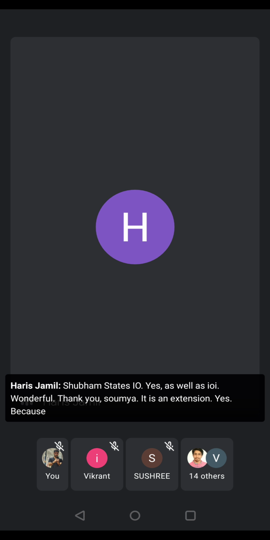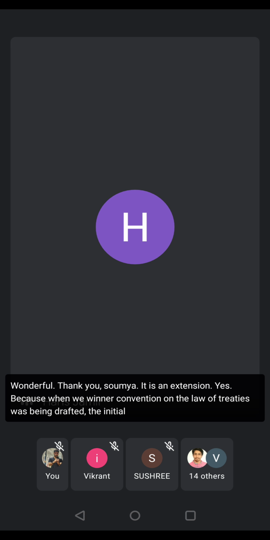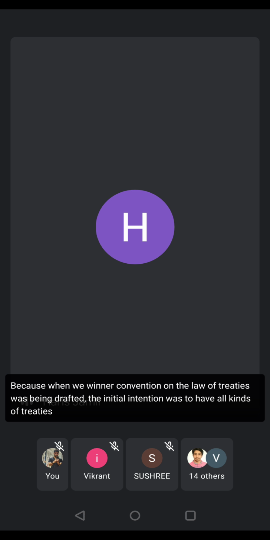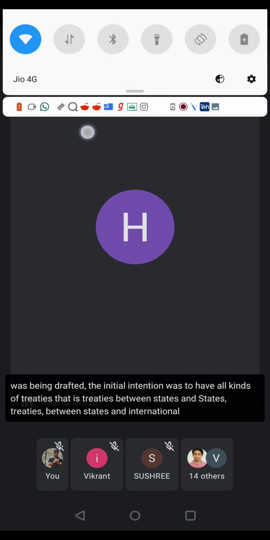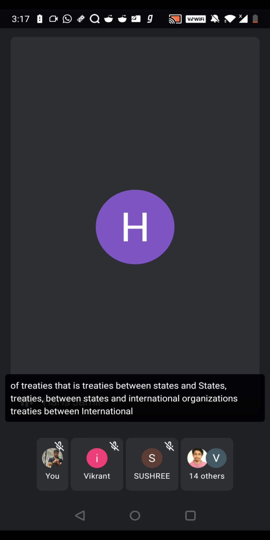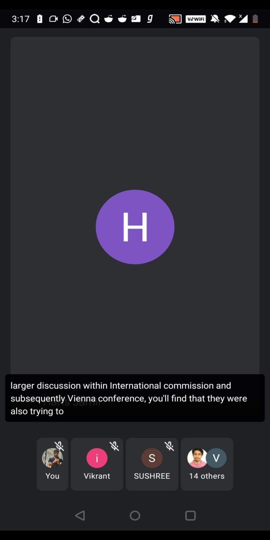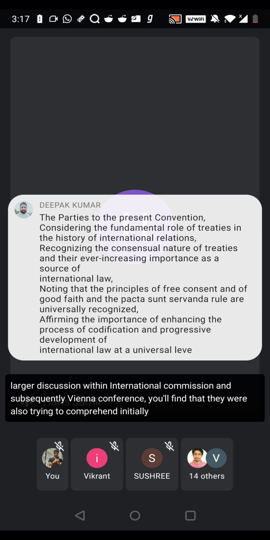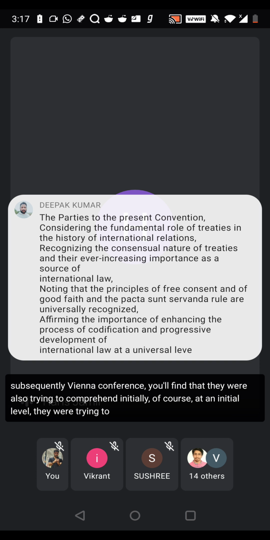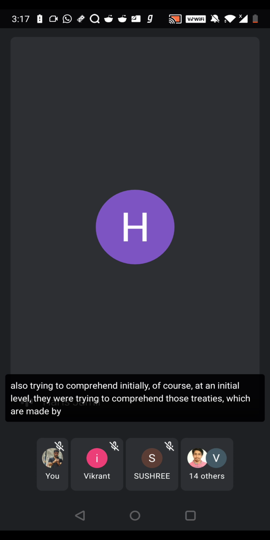Yes, because when the Vienna Convention on the Law of Treaties was being drafted, the initial intention was to have all kinds of treaties. That is, treaties between states and states, treaties between states and international organizations, treaties between international organizations and international organizations. In fact, if you go by the larger discussion within the International Law Commission and subsequently the Vienna Conference, you'll find that they were also trying to comprehend, at an initial level, those treaties which are made by non-state entities other than states and international organizations.